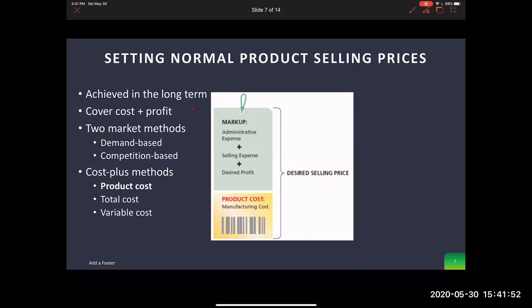Again, you have the cost of the product, which, remember, includes direct labor, direct material, and factory overhead. Remember, factory overhead can be variable and fixed. So that was all of the costs associated with manufacturing a product. But then part of the markup would be your administration expenses, selling expenses, and your desired profit, right? Those salespeople who are helping sell your product, we have to pay them a commission.